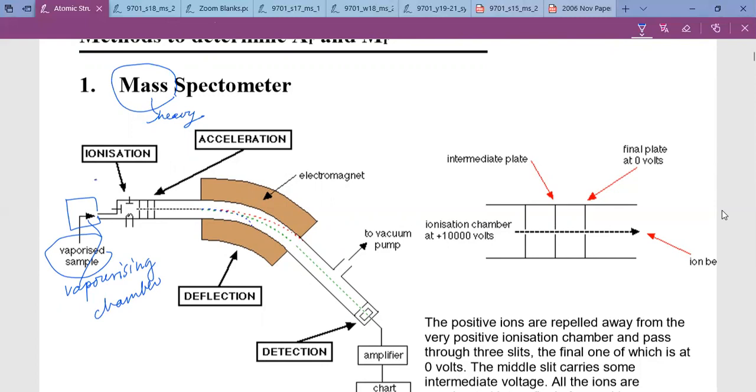From here it is all gas already. So I can put a container here and a heater here. I put the substance in and heat it up, so the substance will vaporize and become gas. It can be solid or liquid here.